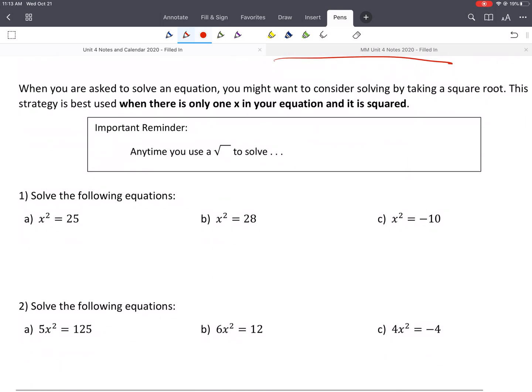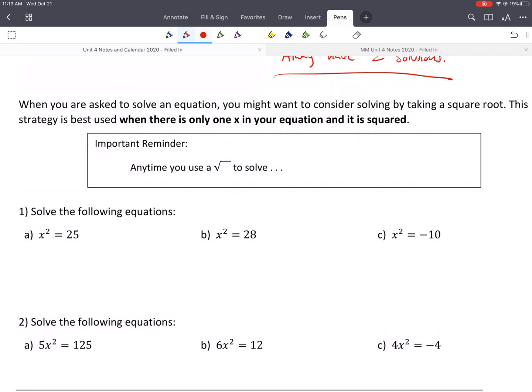When you are asked to solve an equation, you may want to consider taking a square root.